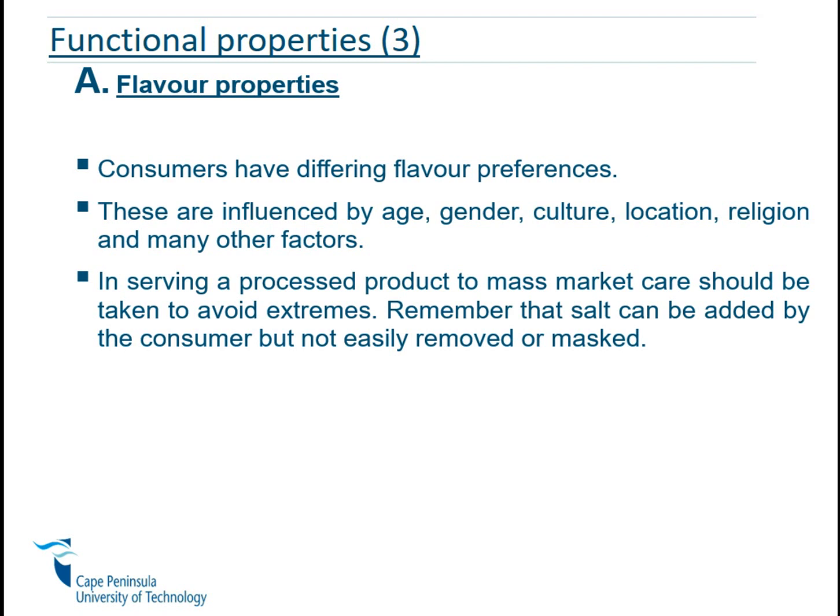So, as much as we can process foods for specific markets, we should remember that things like salt, yes, it can be added by the consumer, but it is not easily removed or masked during production. This is a very important point to note, and even with sugar, right? Sugar can always be added on the other hand. And consumers, I can tell you by now, are very quick to pick up any changes.